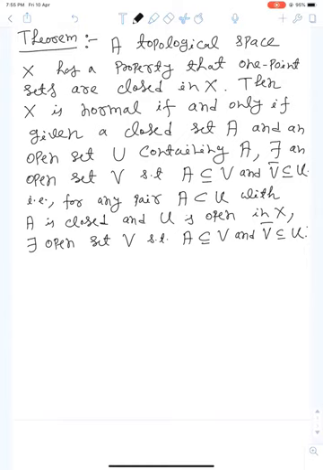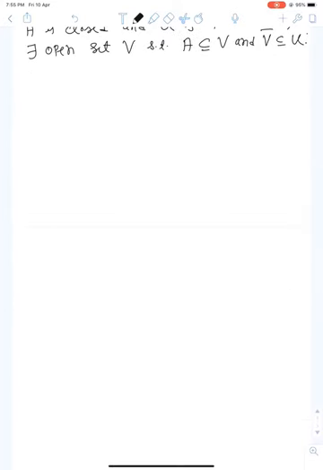Conversely, we will prove that if a topological space satisfies this property, then X is normal. But you have to assume that, this is not only a necessary and sufficient condition; to show that X is normal, you always have to first show that the singleton point is closed. You have to first show that, and then verify this property. Okay? Now here is the proof.